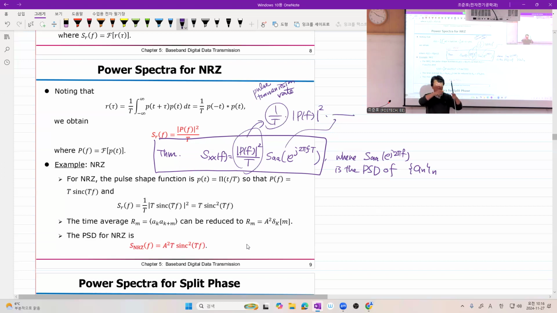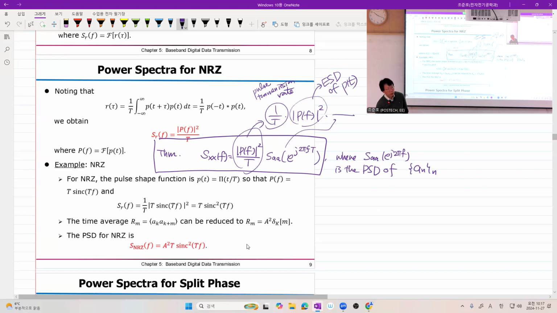Sometimes it was a rectangular pulse, or sometimes it was a rectified sine pulse or something. What is this one? Fourier transform of the pulse magnitude squared. This is called the energy spectral density of P of t. If you have taken signals and systems, probably you heard about this.